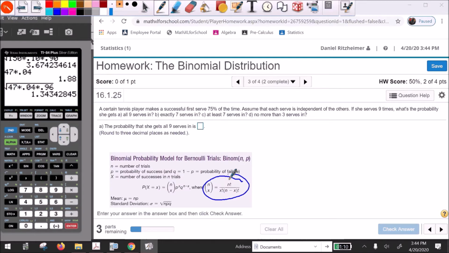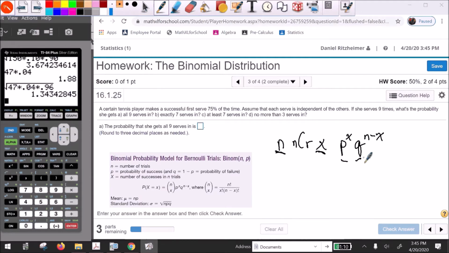I think the way I presented it to you in class was nCr x multiplied by p to the x multiplied by q to the n minus x, where n stood for the total number of trials, x was the number of successes, and p is the probability of a success, and q is the probability of a failure.